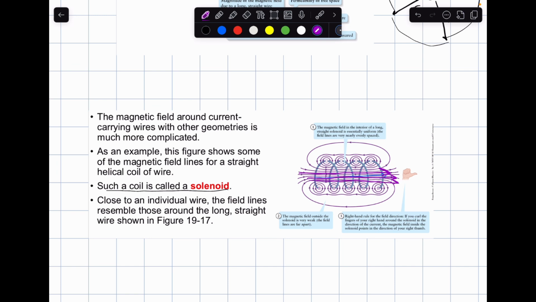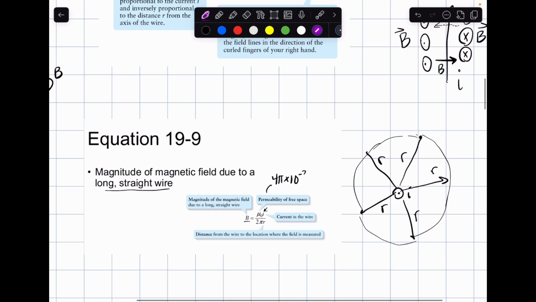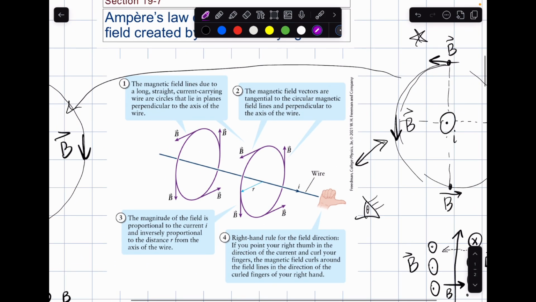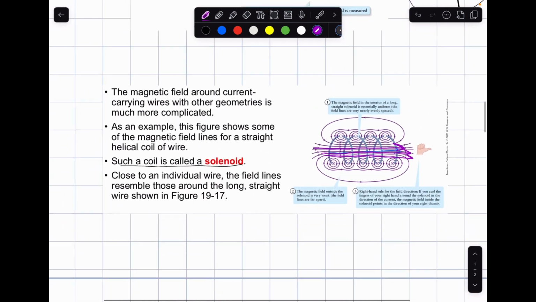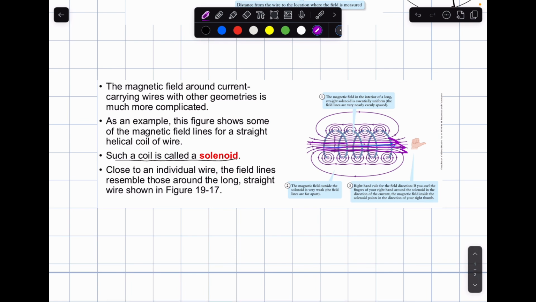So what that means is that when you curve a wire, you actually get a straight magnetic field, right? Here, when you have a straight wire, you get a curved magnetic field. But when you curve the wire, you get a straight magnetic field only in the center of that coil. And so this is a very common shape that we use to make magnetic fields.